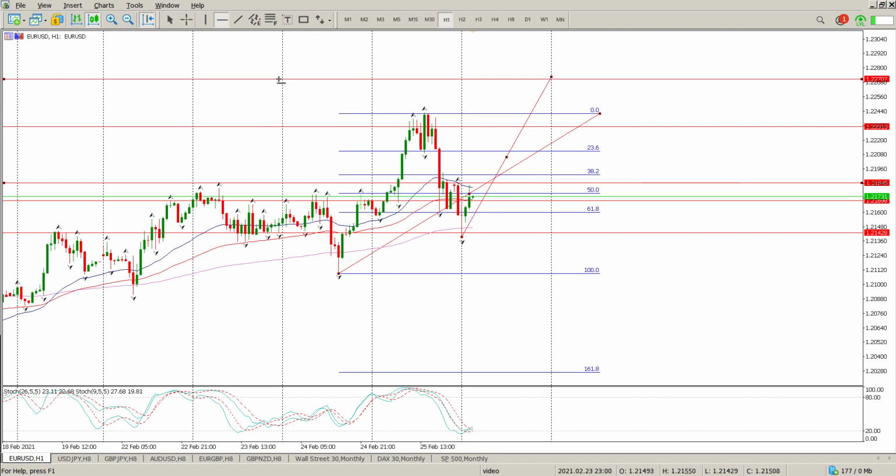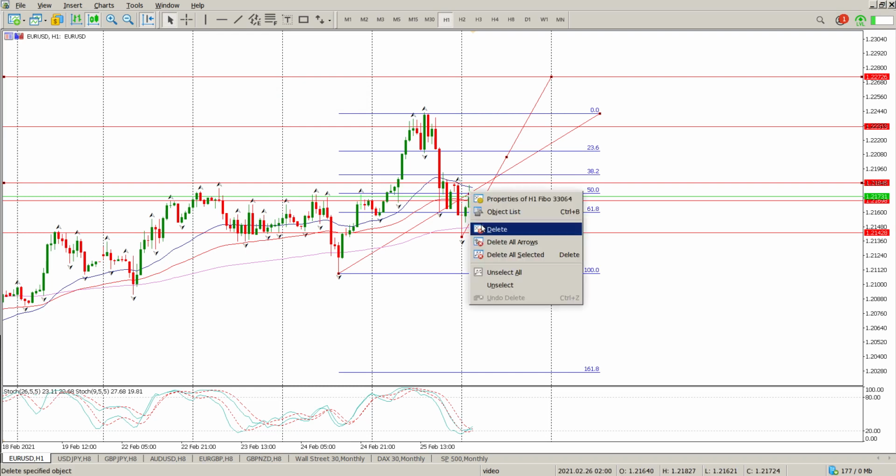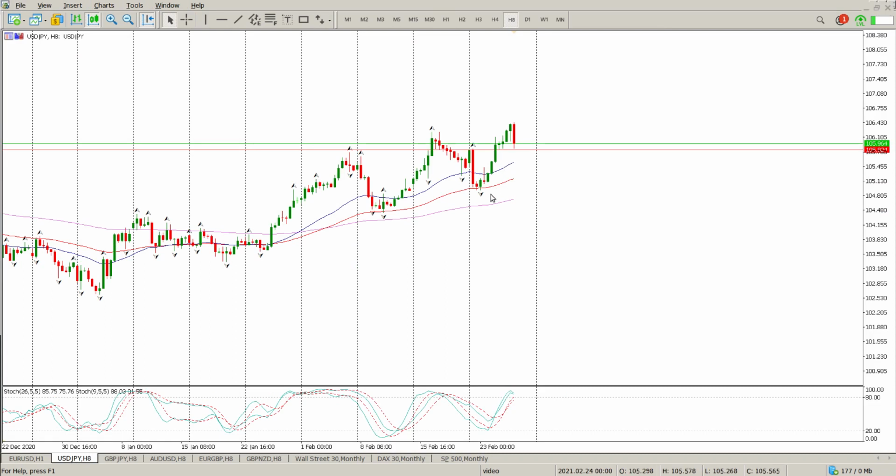And that gives us a target of 122.726. Okay, so yeah, to confirm that, I'm looking for the break here of 121.845. Break, retest, then we long, then we're first looking for a clear of the high of yesterday, and then move to the upside.